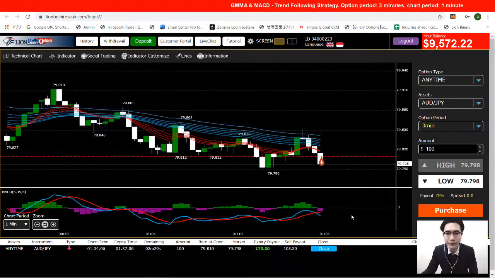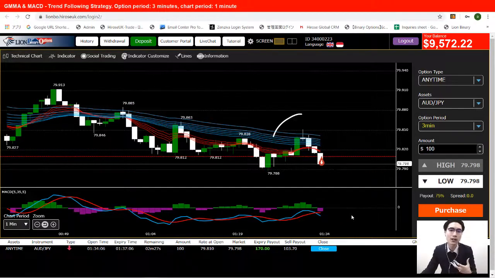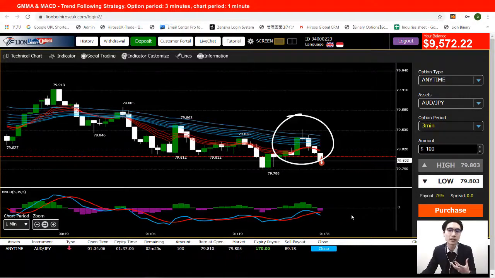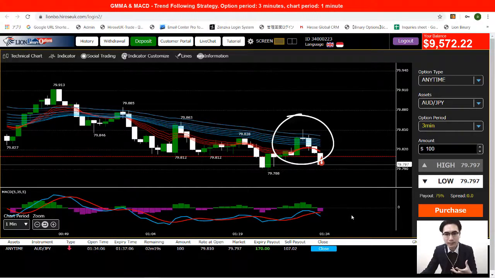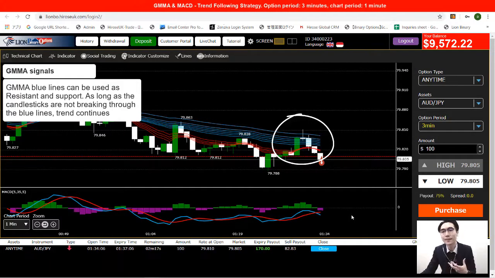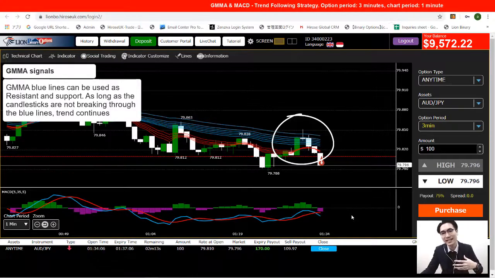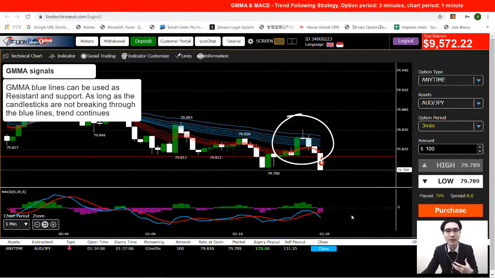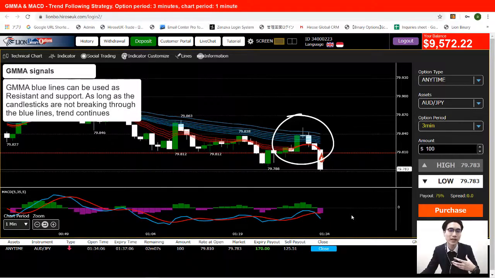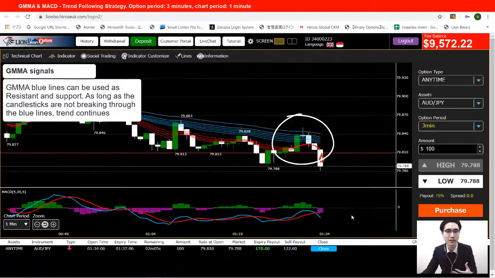Some of you might ask me why I opened a trade when the candlestick is actually crossing the blue line, isn't it? Meaning that it's a trend reversal. Yes, that means there is a potential trend reversal. But if we take a look at the candlestick, it didn't cross over the blue line. The blue line here can also be used as a resistance level.